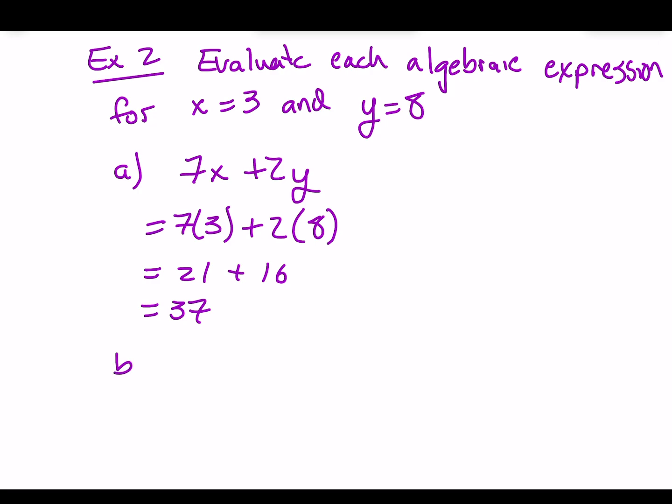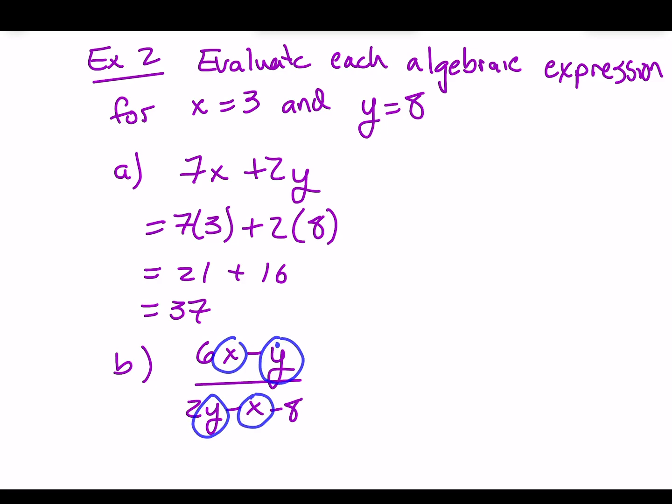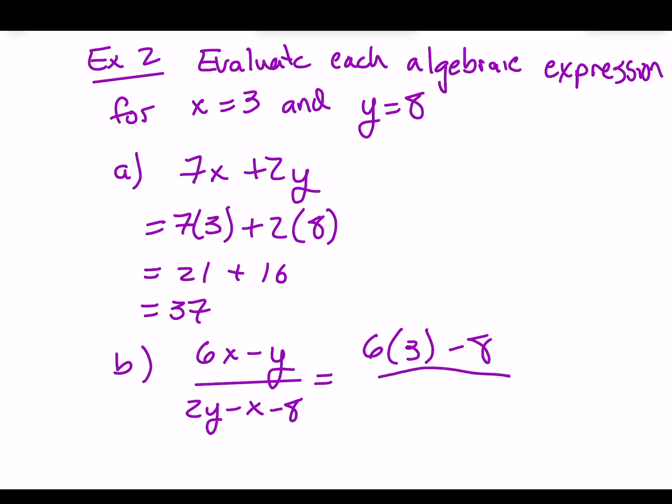For part B, let's try 6x minus y divided by 2y minus x minus 8. So everywhere we see an x, we'll plug in 3, and everywhere we see a y, we'll plug in 8. So 6 times 3 minus 8 divided by 2 times 8 minus 3 minus 8.